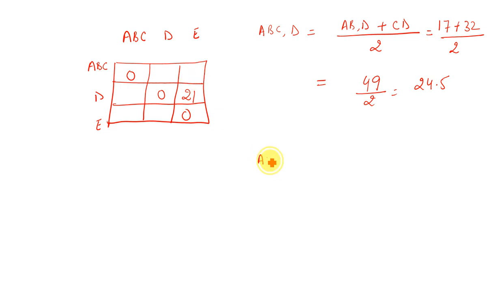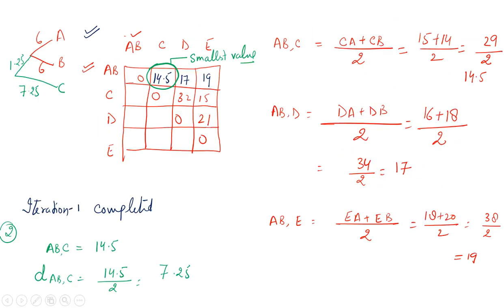Now we have to calculate this value. Same as before, ABC comma E equals AB comma E plus C comma E divided by 2. What is AB comma E? AB comma E is 19.